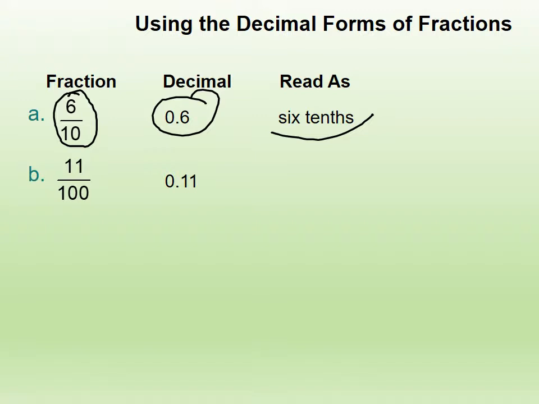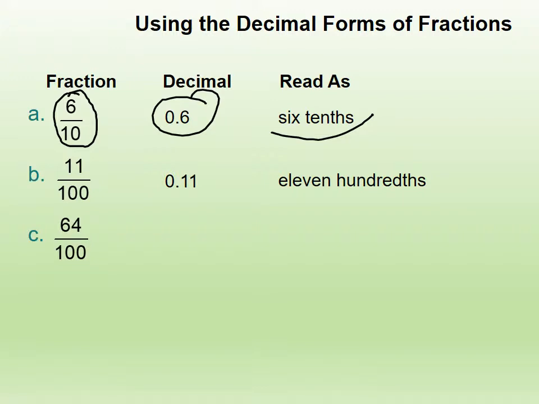Eleven hundredths. Good job. I'll show you guys how to name it. I just want to see what you know so far. Good job. Hopefully you're starting to see a pattern, because I'm going to ask you what the pattern is in a little bit. 6/10 is 0.6. 11/100 is 0.11. So keep that in mind.